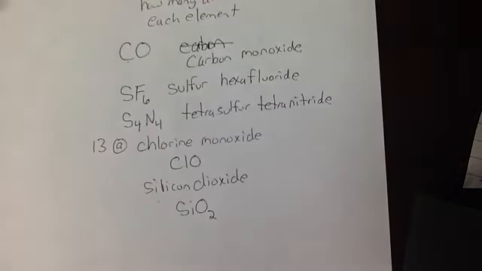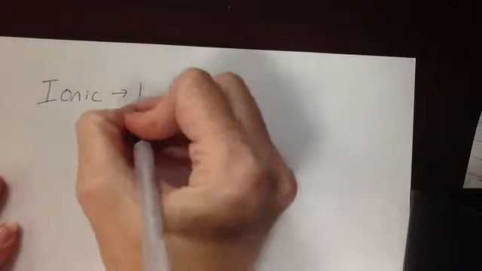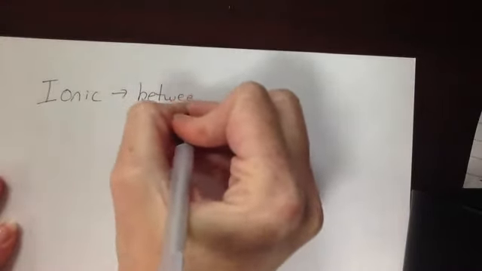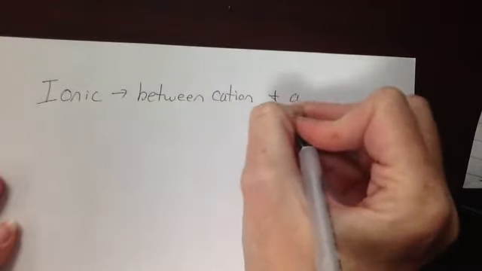And that's how you do covalent, right? With ionic, and I'm going to actually start a new page, it's a little bit complicated, so we have ionic. Ionic is actually between a cation and an anion.